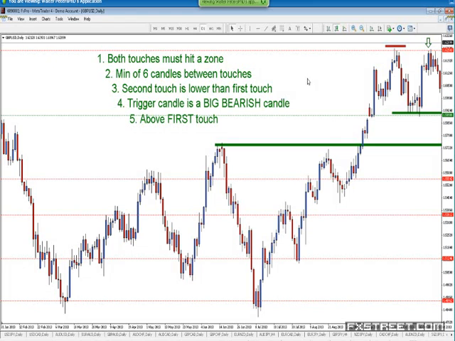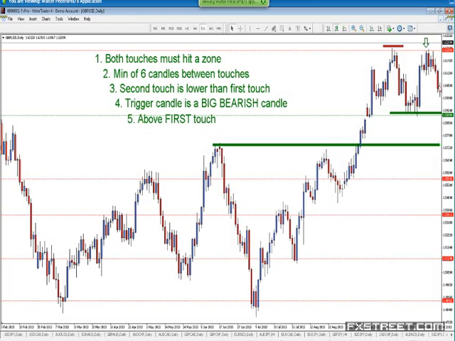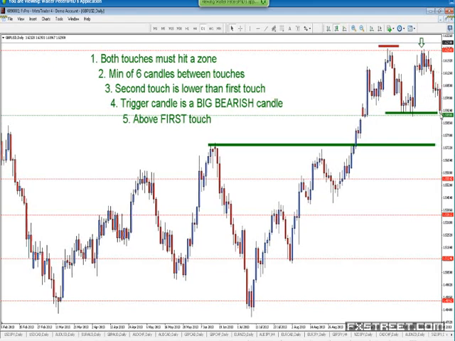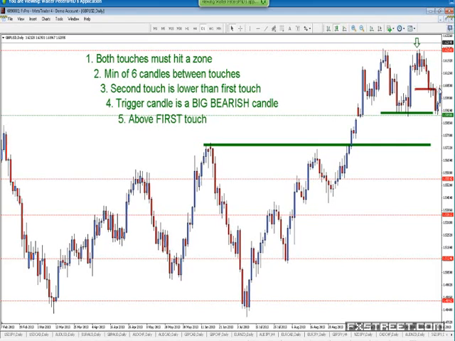So let's just see what happens here. Obviously, the market does go lower than our alert candle, our trigger candle, and then it sits here, and then it hits the support level right here, takes out the target. We can move the stop here to break even now. And then it comes back up and hits the break-even stop.